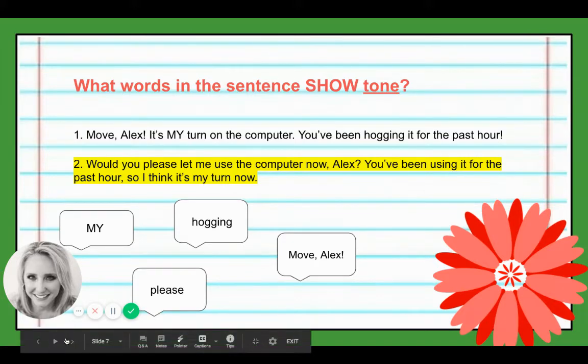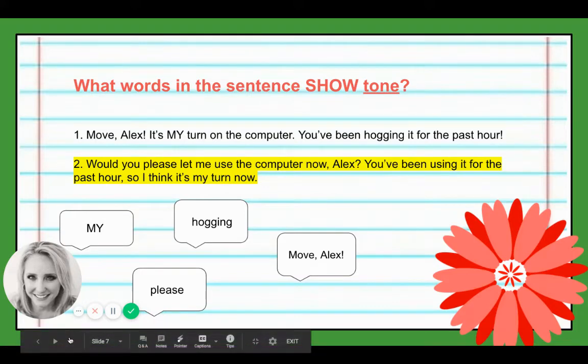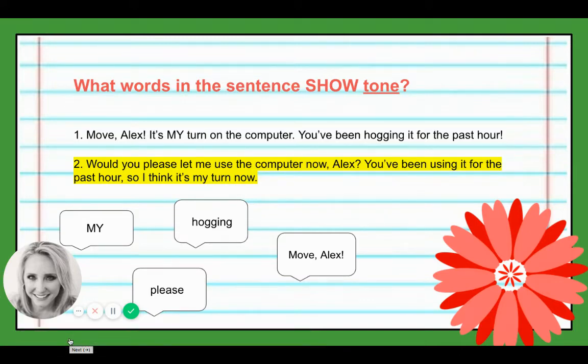Exclamation point. I mean, if somebody tells me to move and they don't say please, or they don't ask me politely, I'm going to have a reaction. So my reaction to this moment is like, well, no, right? If you want to have a reaction that is in your favor, maybe use kindness.